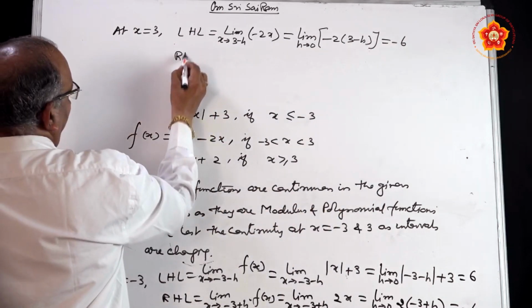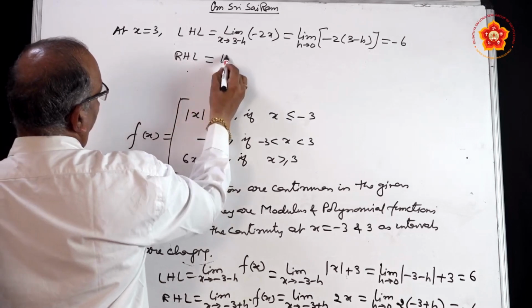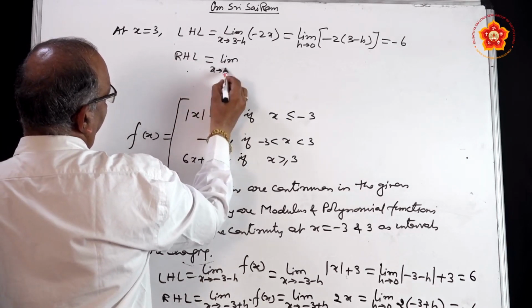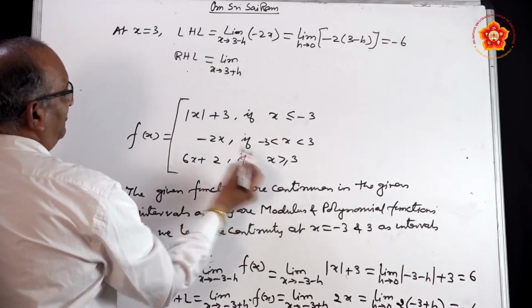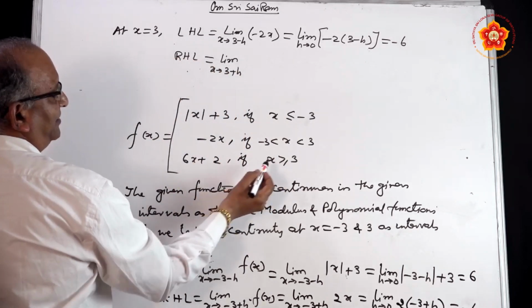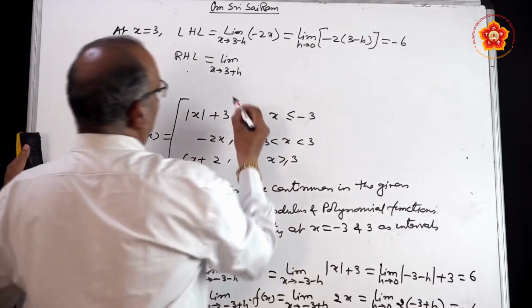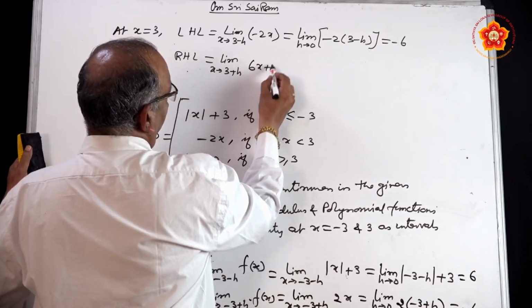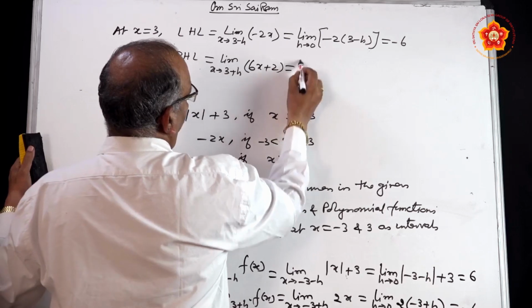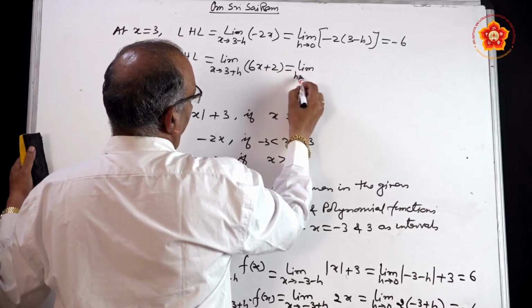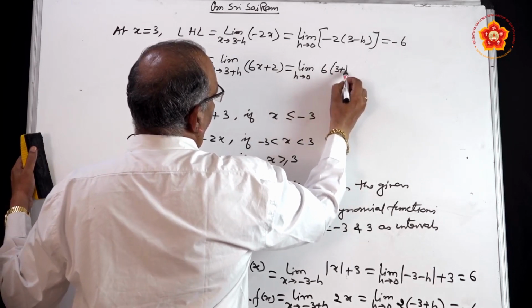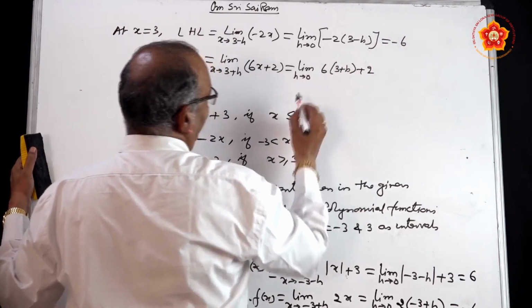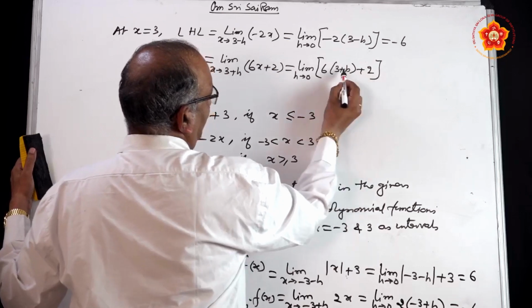Find out the right hand limit. Limit x tending to 3 plus h. If it is more than 3, the function is 6x plus 2. And then proceed to the limits, h tending to 0.